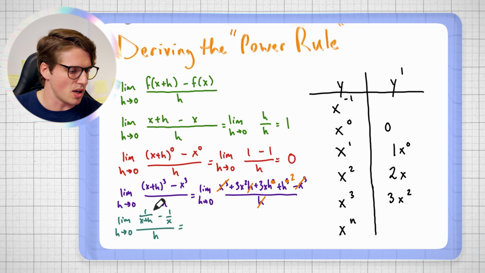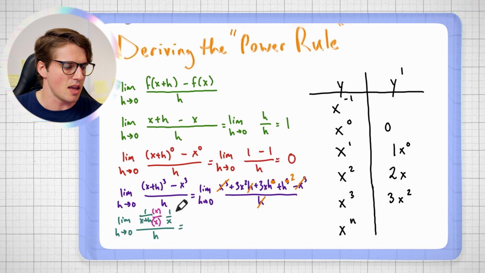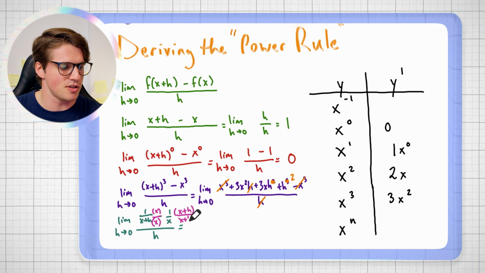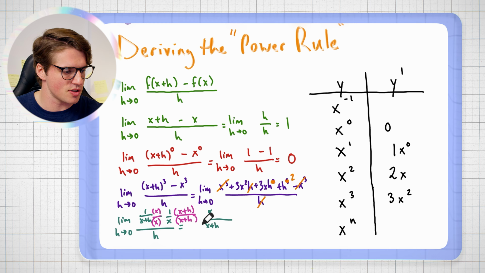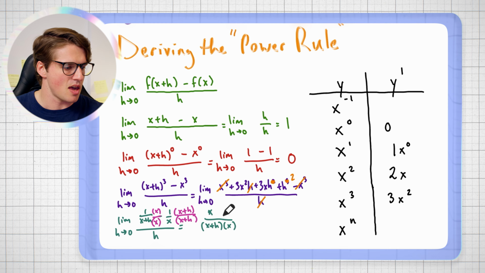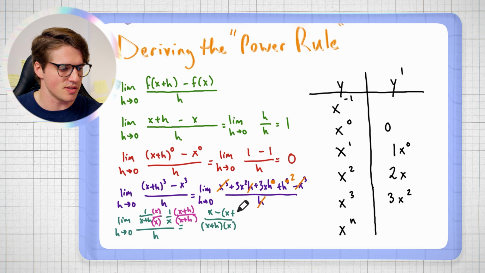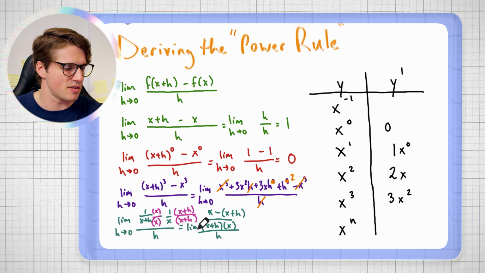So we'd multiply by x over x and x plus h over x plus h. Okay, so what would we have here? We'd have x over x plus h times x, and we'd have the same denominator, minus x plus h all over h. Oh, don't forget the limits.